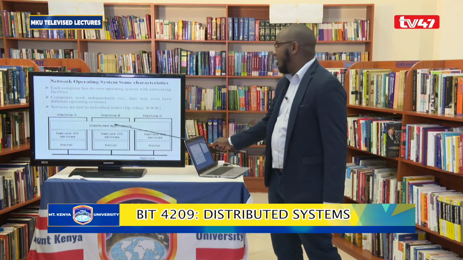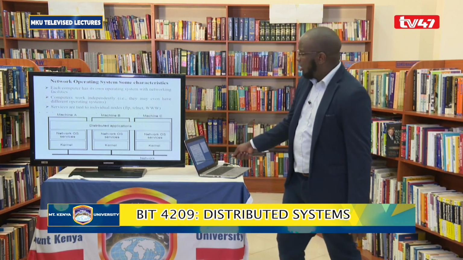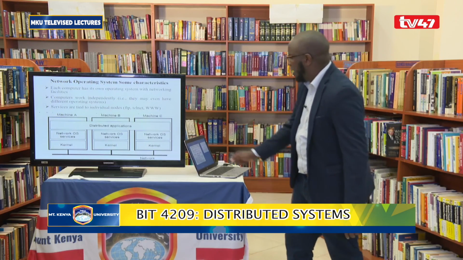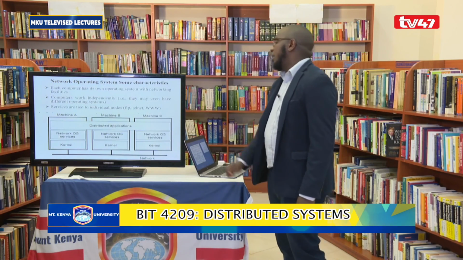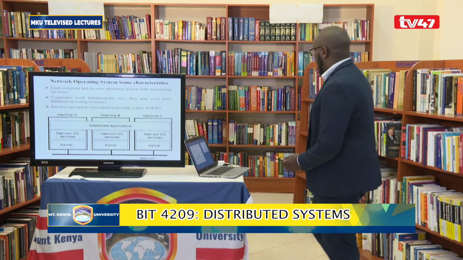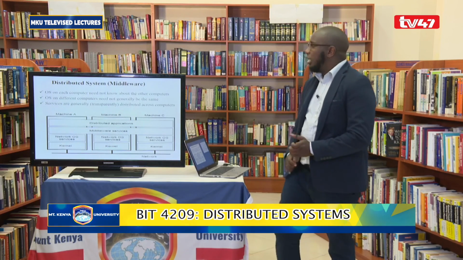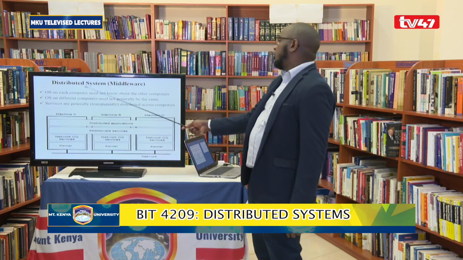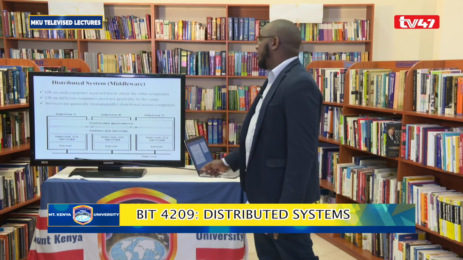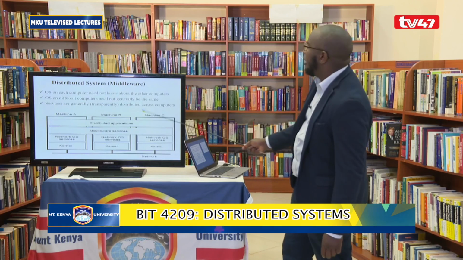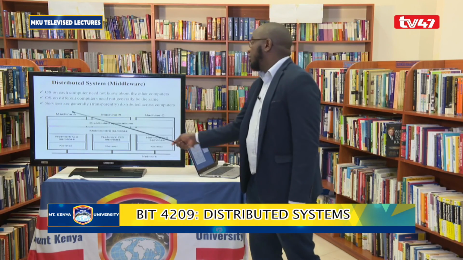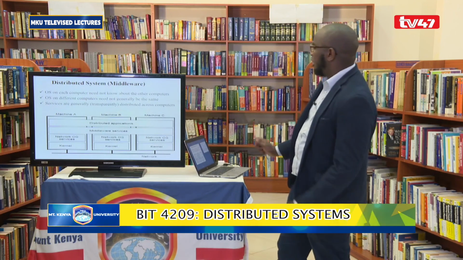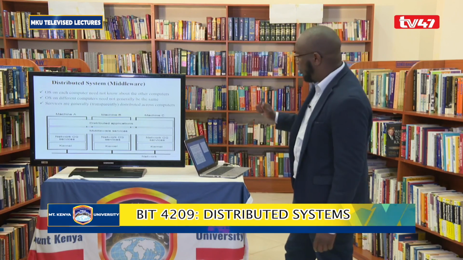So you can see we have distributed applications, obviously, the network operating systems, services, and we have the kernel. All right, and then we can see the architecture of the middleware. You can see the OS on each computer needs to know about the other computers. The OS on different computers generally needs to be the same. Services are generally transparently distributed across the computers.